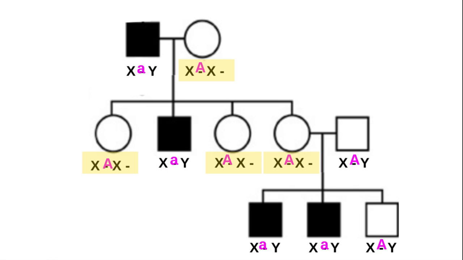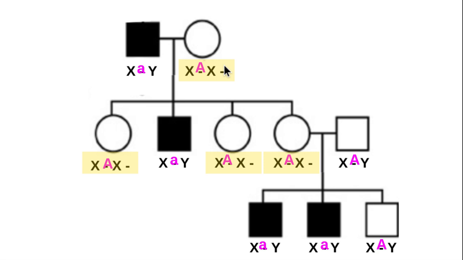So now what we can do is trace up or down to figure out what those genotypes might be. I usually like to pick a recessive person or someone with a disease to trace up or down because usually we can figure some stuff out then. So in this example, we know that this person is X with a little a and Y. Where did the Y have to come from? Well, the Y had to come from here, which means the little a had to come from this parent.